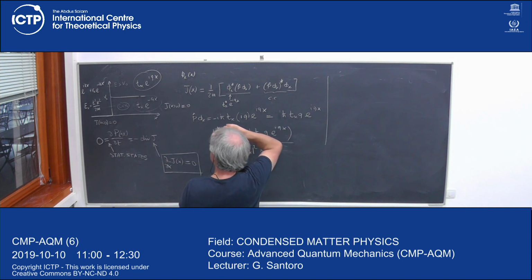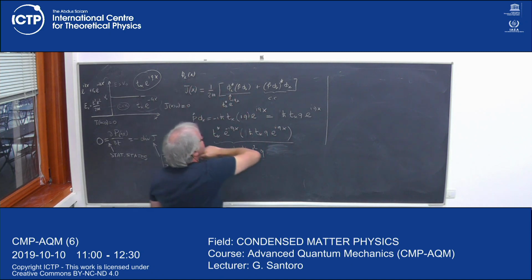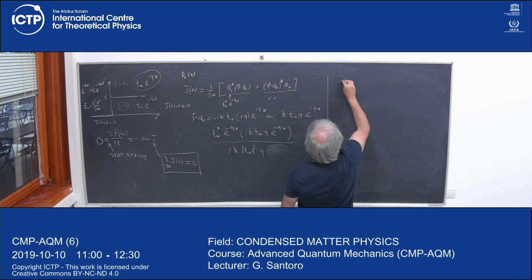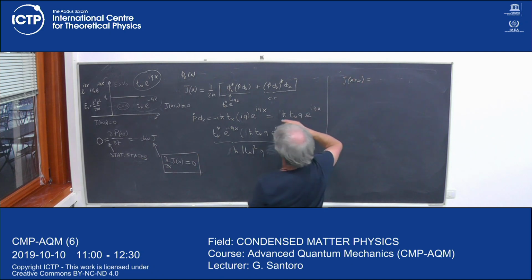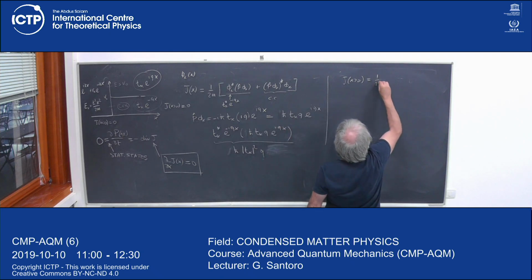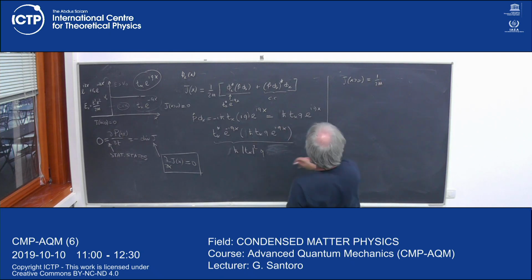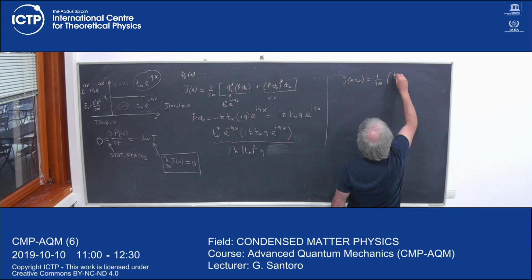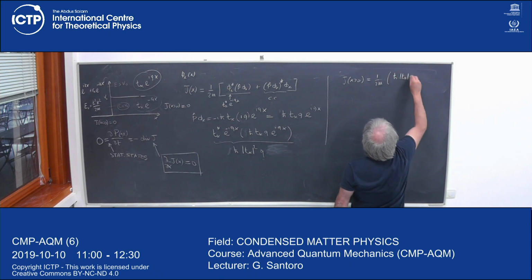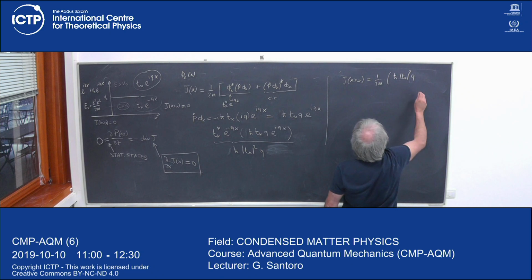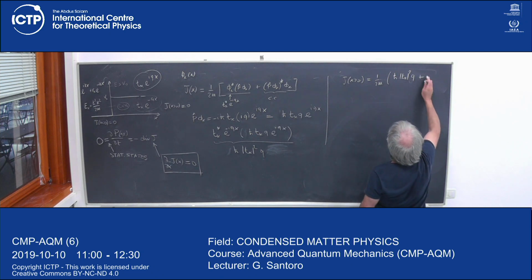What is the current in this situation here? Well, it is j for x greater than 0 is equal to 1 over 2m h bar times tk square q plus the same, so a factor 2.